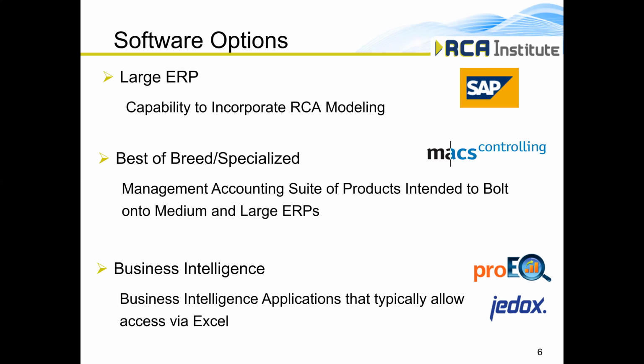In the case of max controlling, which I mentioned, it is used by many companies with SAP because they value the way it operates and presents information. I also know of companies that use Max with Oracle.